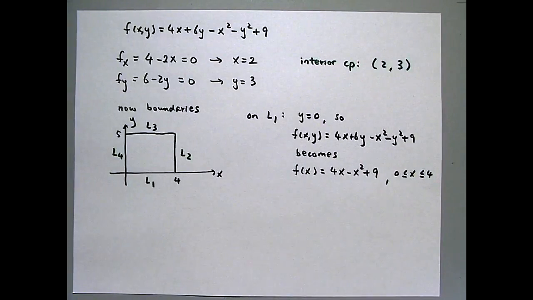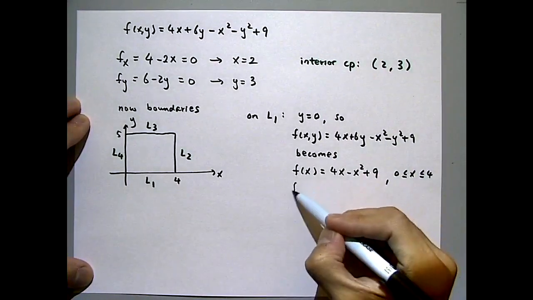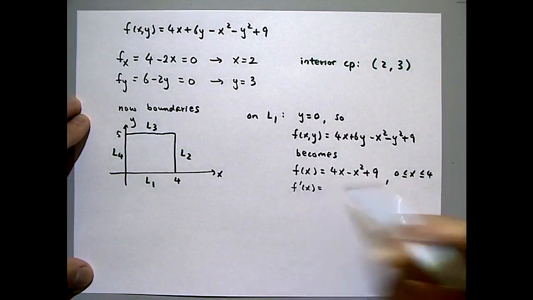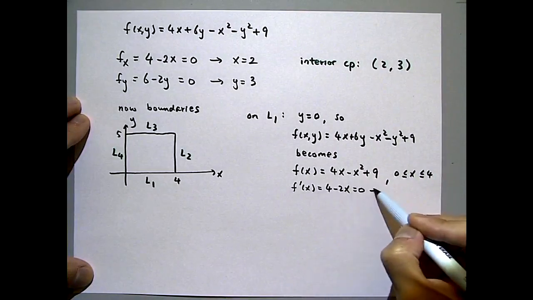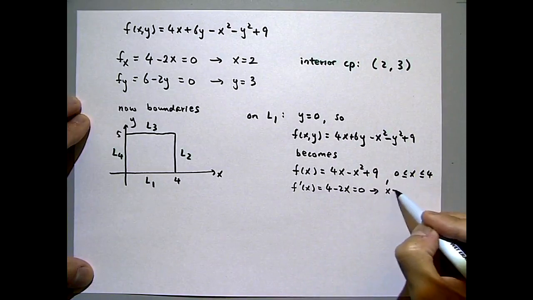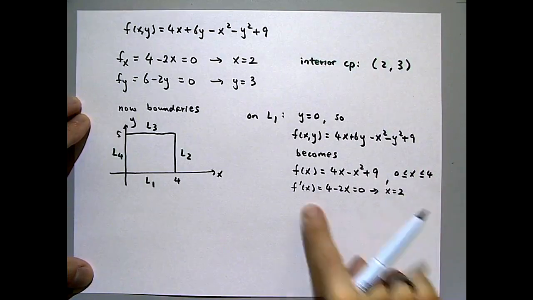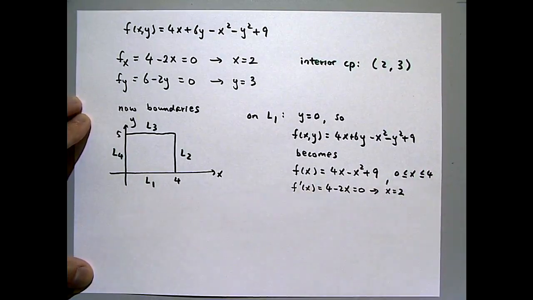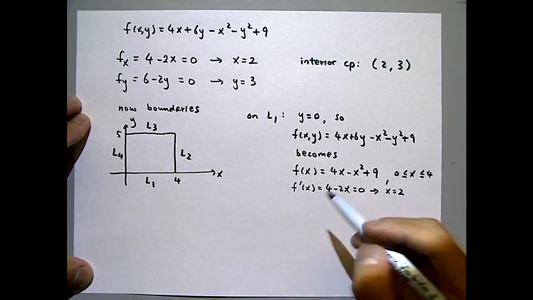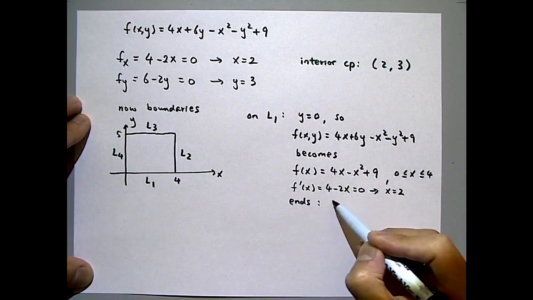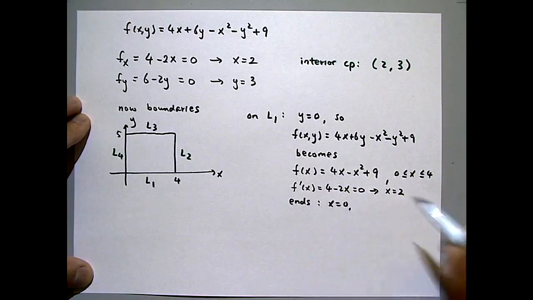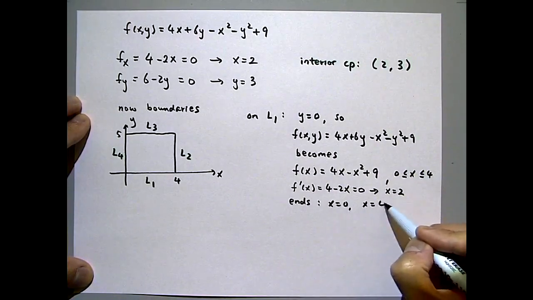All right, now we find the absolute maximum and minimum of this. So the critical point is 4 minus 2x equal to 0. This is x equal to 2. So on L1, this function has a critical point, 2. And the ends are x equal to 0 and x equal to 4.